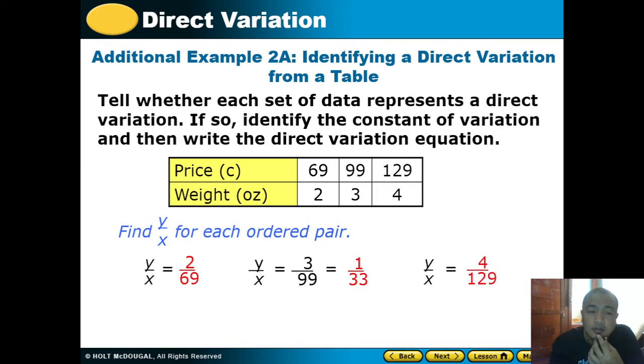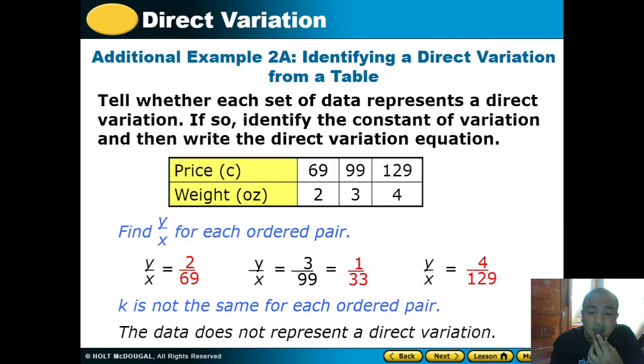So for the first we have 2 over 69, then 1 over 33, then 4 over 129. K is not the same for each ordered pair. The data does not represent a direct variation.